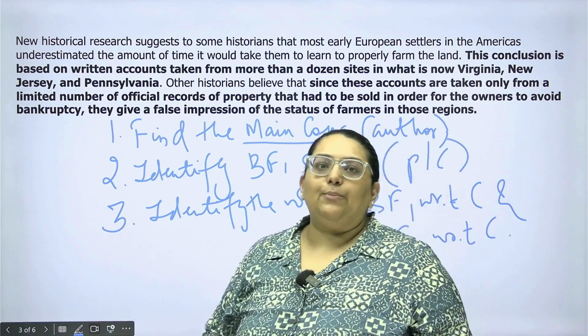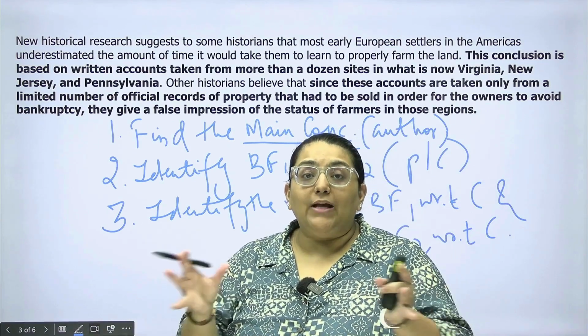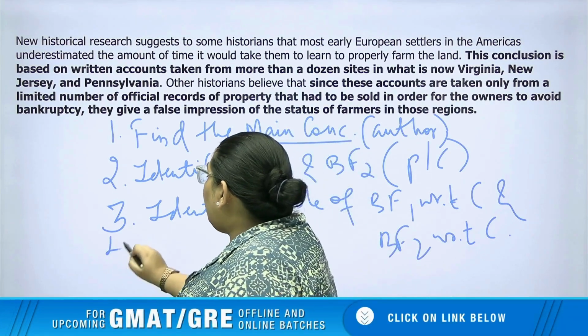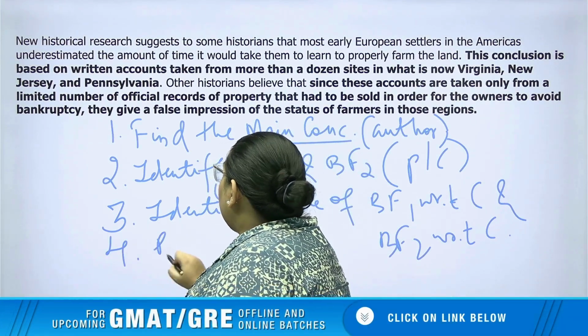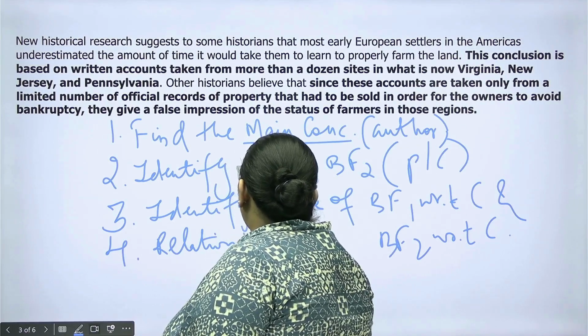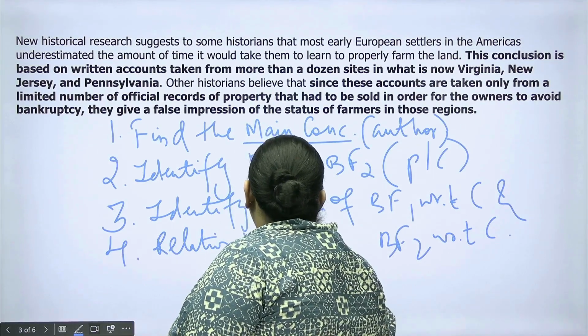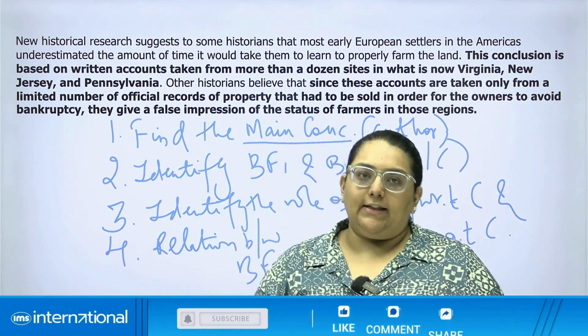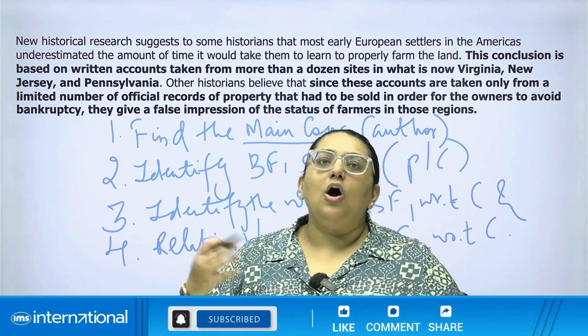Now, this will help you in deducing the role of BF1 and BF2 with respect to each other, and that is what will be our final step, that is the relation between BF1, that is boldface 1, and boldface 2. Once we have successfully done this, then we will move to the options.